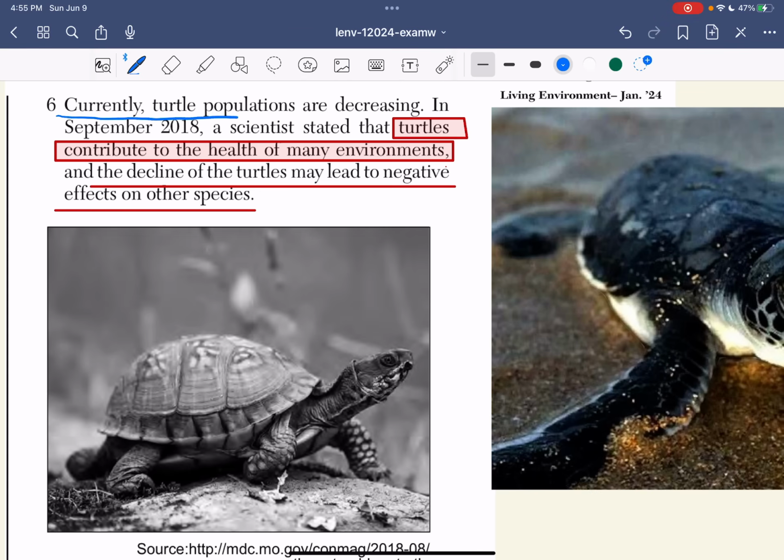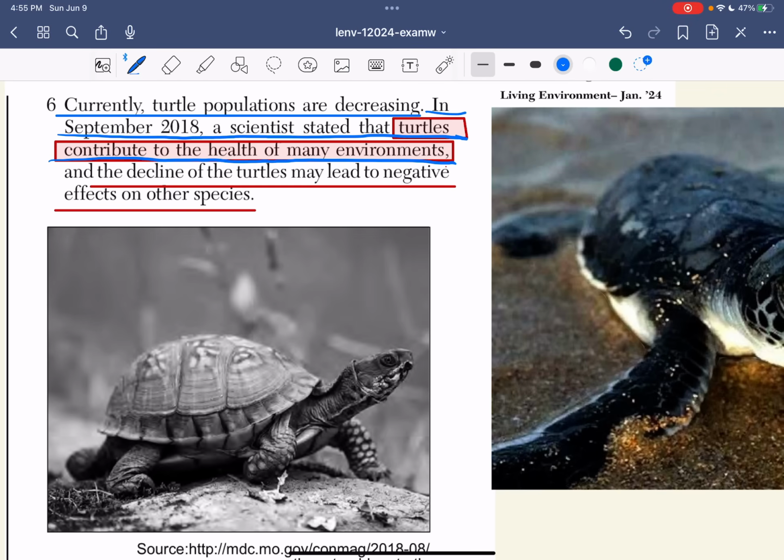Currently, turtle populations are decreasing. In September 2018, a scientist stated that turtles contribute to the health of many environments. I annotated that ahead of time. This is saying that if you have a good turtle population, that means that the environment is healthy.